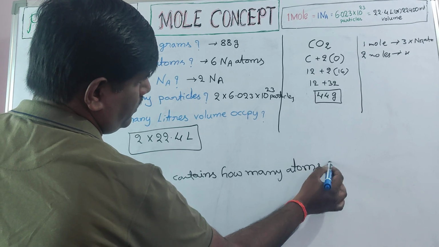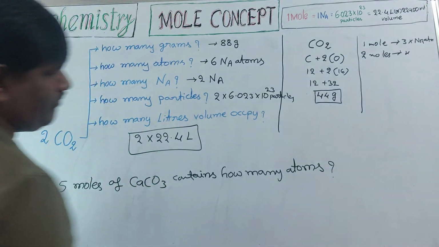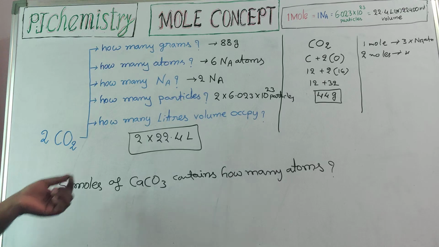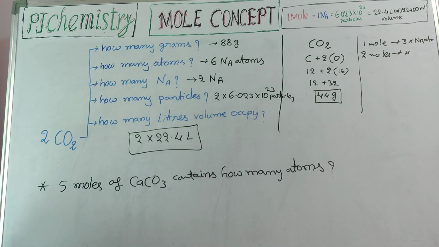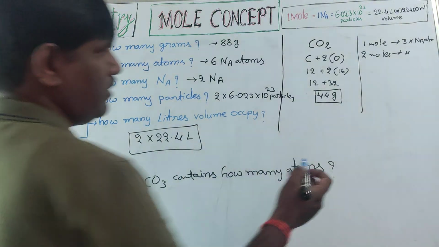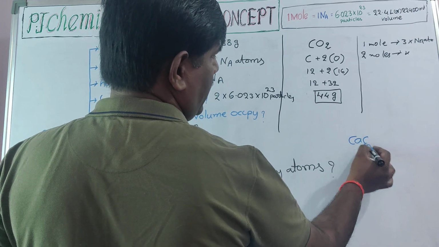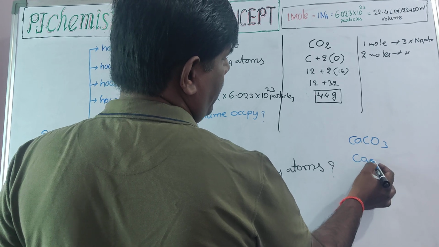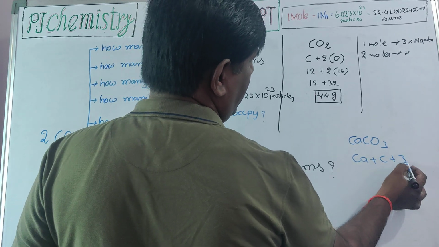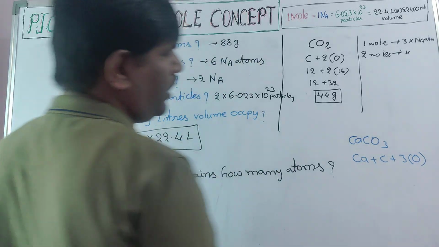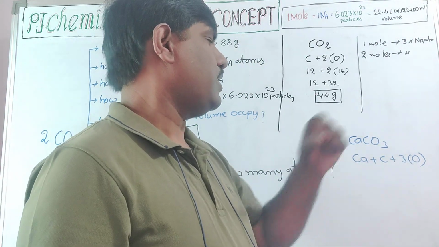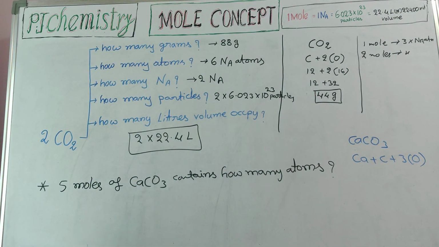Yes, start immediately. 1 mole of calcium carbonate contains how many atoms first? Calcium carbonate, take the formula. CaCO3, calcium carbonate. It contains 1 calcium plus 1 carbon plus 3 oxygens. Total how many atoms are there? 1, 2 plus 3 oxygens. Total 5 atoms are there.